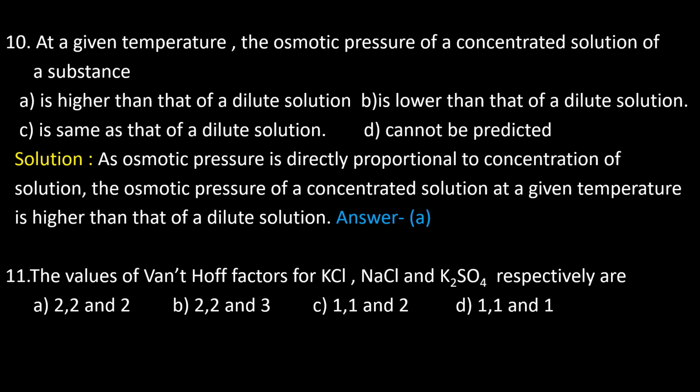KCl dissociates to give two ions, K plus and Cl minus ion. NaCl also dissociates to give two ions, Na plus and Cl minus, whereas K2SO4 ionizes to give two potassium ions and one SO4 2 minus ion. So the correct answer is option B, that is 2, 2 and 3.